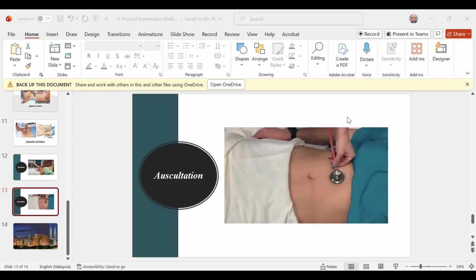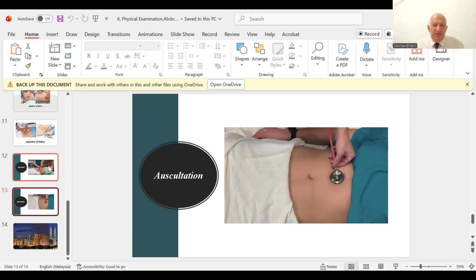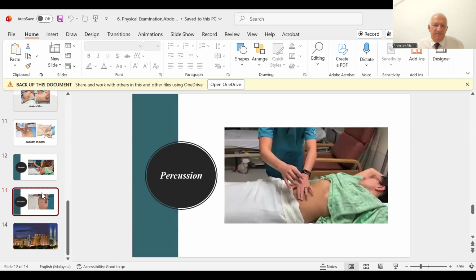But of course, we don't need to expose the genitalia; if you need to, you can just look and ask the male patient to cough. But we don't expose from the neck to the mid thigh, like the traditional way. So you start the general examination while the patient is not exposed. After that, you expose the patient and go to the end of the bed, and after that, the side of the bed. So inspection, palpation, percussion, auscultation.